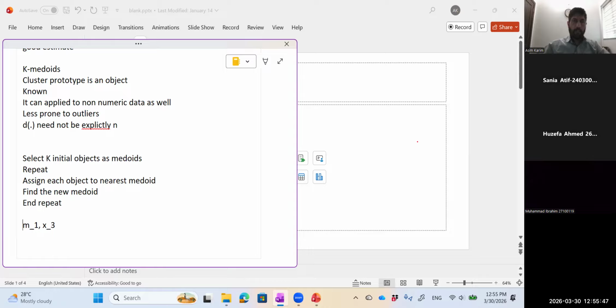So we are talking about cluster 1 and currently उसको x3 मिला हुआ है. So we will check all the other points excluding the other m's.